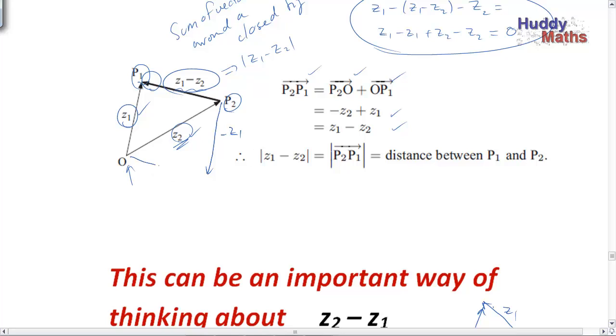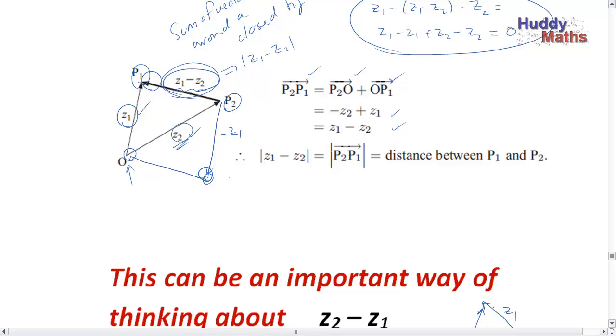Can you see we get the same vector? That plus that takes us to there. So Z2 take Z1 would be our final side. Z2 plus the negative of Z1 down to there, so we get the same vector.